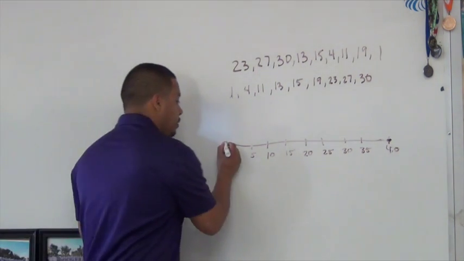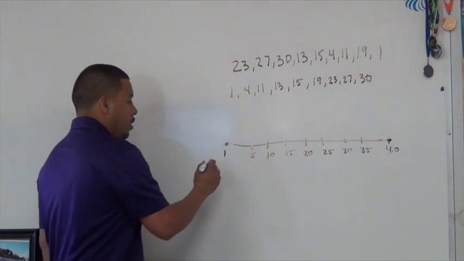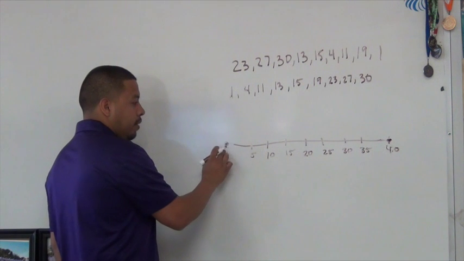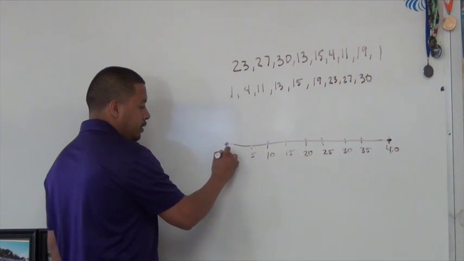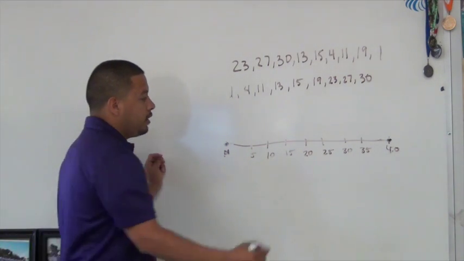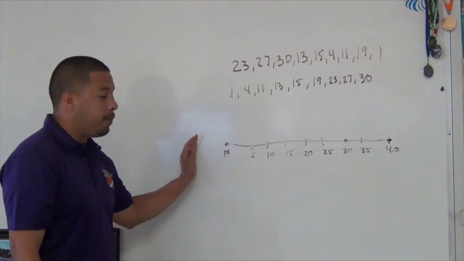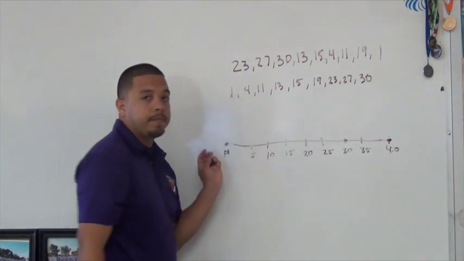I know that my smallest digit is 1, or 0 if you want to start at 0. And I know that my largest digit is 30. So I know my data is going to spread between 1 and 30.